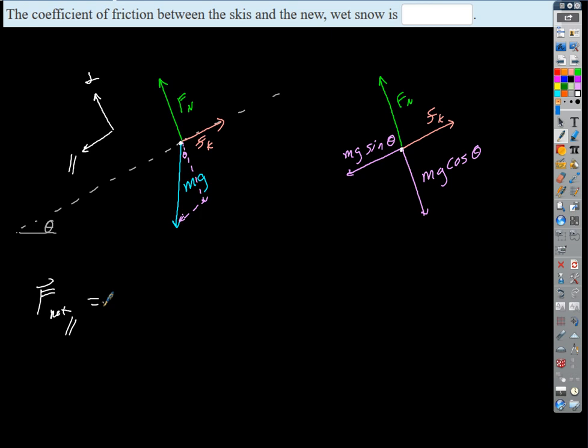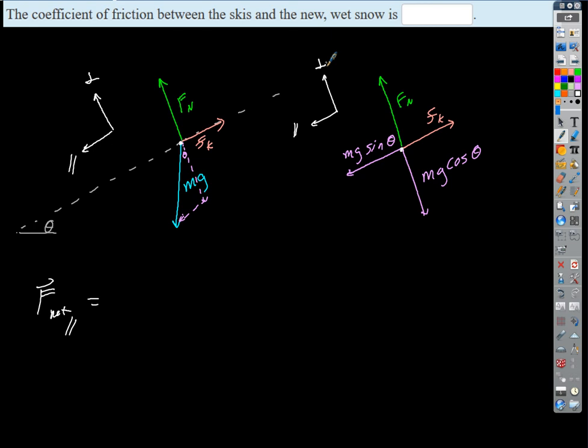So we've got this thing orthogonalized, and we agreed that that's going to be the positive parallel direction and that's the positive perpendicular direction. So we want to write the parallel component of the net force.